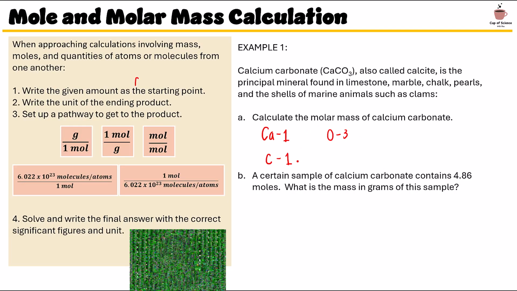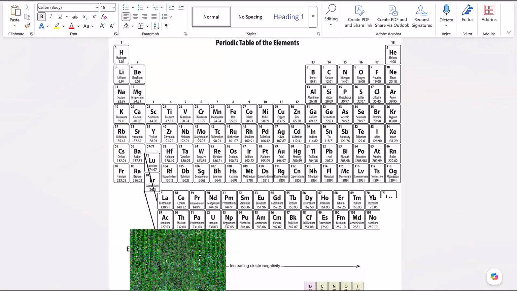Now we're going to go ahead and find the mass of each element in the periodic table. So the periodic table gives calcium as 40.08, carbon as 12.01, and 16.00 for oxygen.